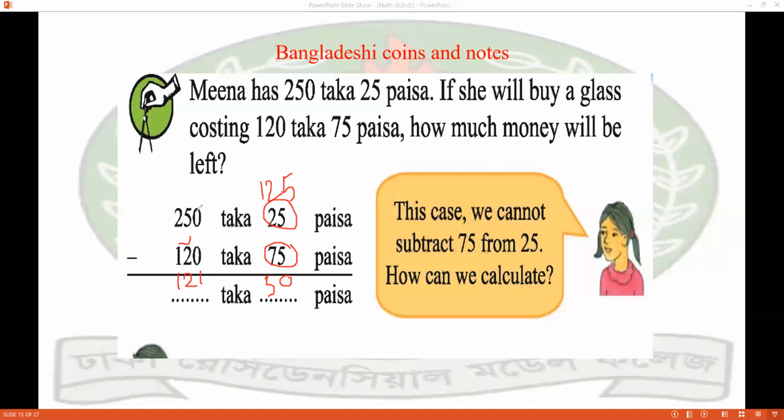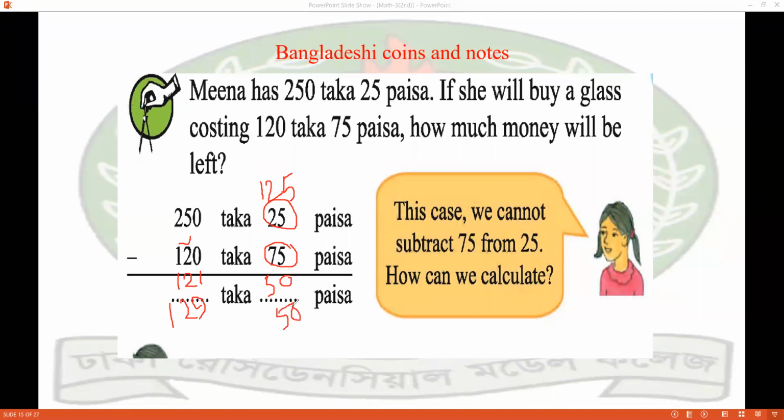Then you subtract it, so 1 and there is 0, so here will be 9. Remain here 1, you add it, 2 and 1, 3, so here will be 2 and 1, and there is 2, so 1. So the result will be 129 taka and 50 paisa.